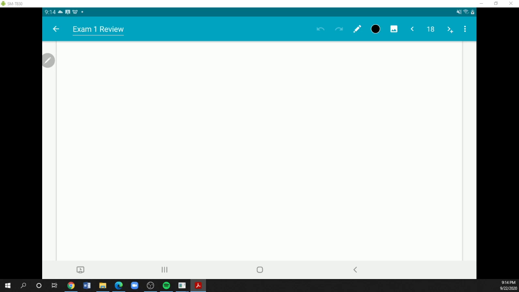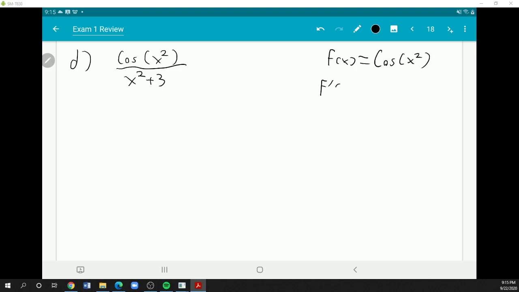Okay, my new function, d, cosine of x squared over x squared plus 3. Now we need to use quotient rule. So my f of x, which would be my numerator, is cosine of x squared. F prime of x says use the chain rule.